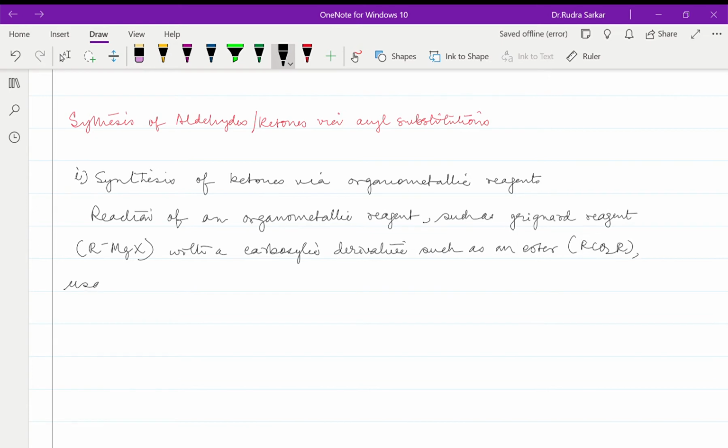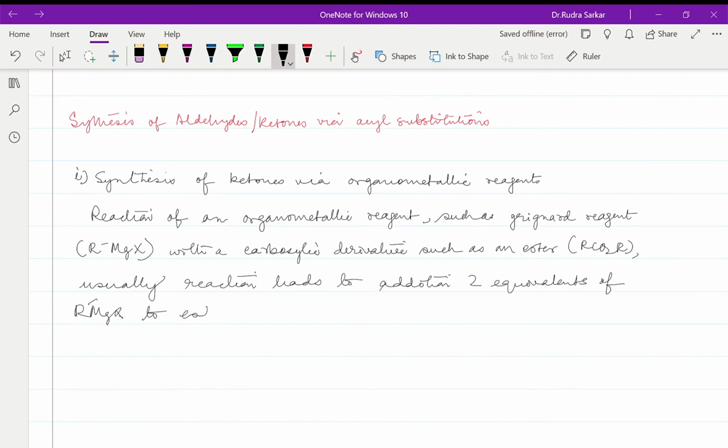Now usually reaction with this reagent leads to addition of two equivalents of RMgX to the ester to give a tertiary alcohol as the product.